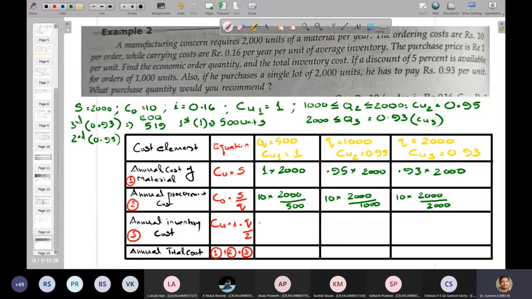Here CU is 1 into 0.16 into 500 by 2. Here it is 0.95 into 0.16 into 1000 by 2. Here it is 0.93 into 0.16 into 2000 by 2. So get me the answers quickly.